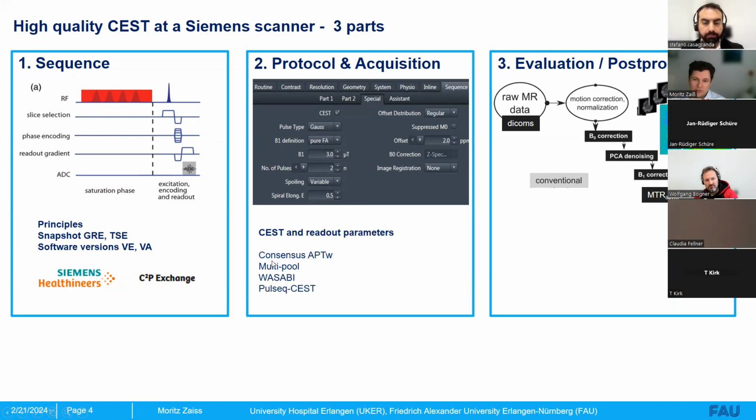On the protocol and acquisition side, I will talk quickly about CEST and the readout parameters, also where to find this consensus, APT weighted, and different protocols, and also a quick remark on pulsed CEST. For the evaluation, I will quickly give an overview about available tools, some online reconstruction, but also a lot of offline tools that are in principle available.